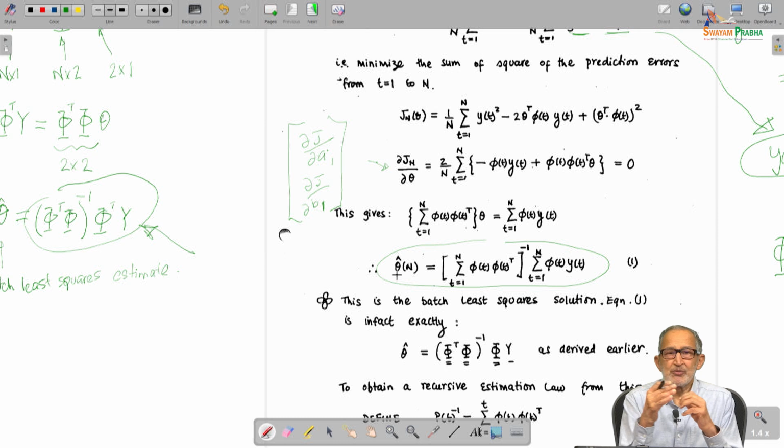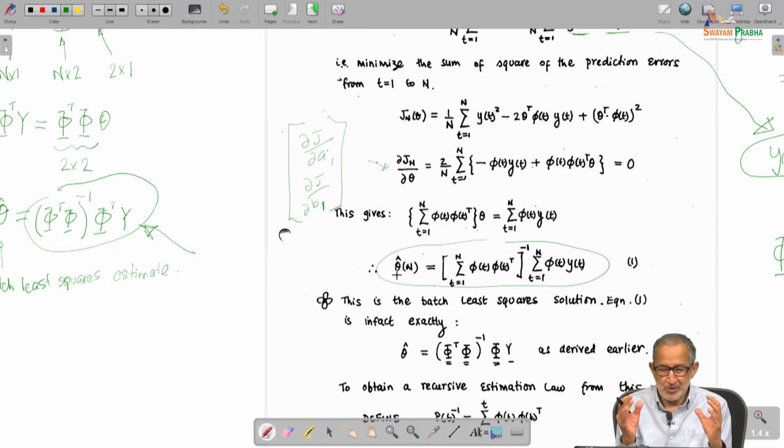So this is what we mean by recursive least squares. As you start with the fewer data points, but subsequent, so you start your estimation procedure as soon as you have enough points, but as you continue, you will have more and more data points, and you want to continue to update your model. So that's what we mean by recursive least squares.